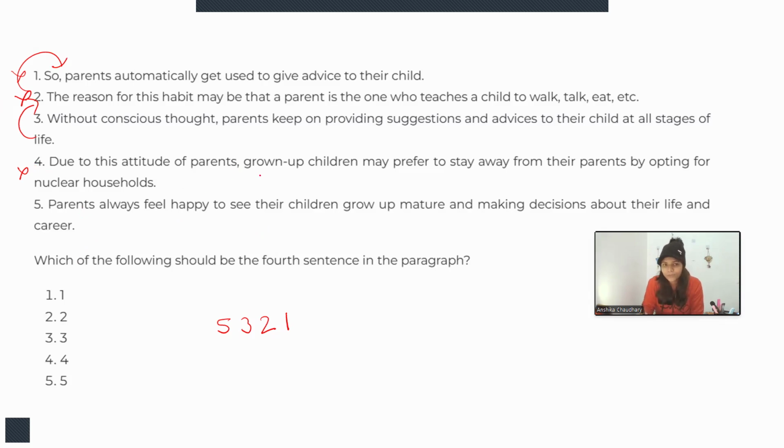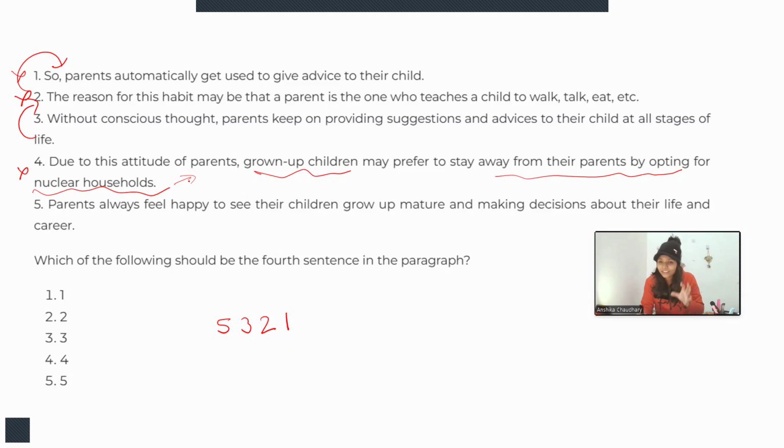Due to this attitude of parents, grown-up children, that means the adult ones, may prefer to stay away from their parents by opting for a nuclear household. Why? Because the grown-up children think that in every decision, in everything, the parents are interfering, right? The parents are interfering in all the decisions of their lives, right?